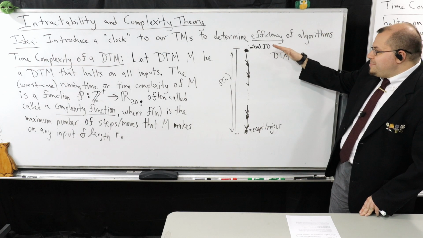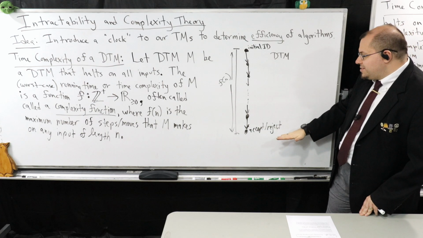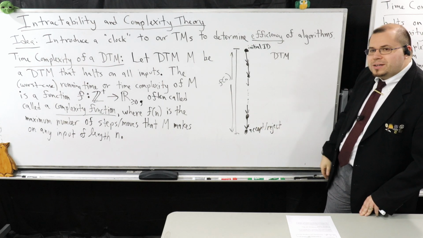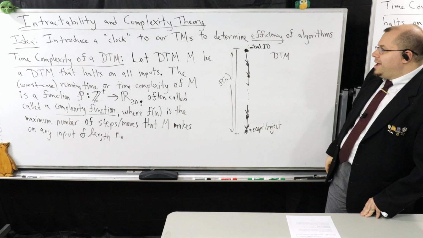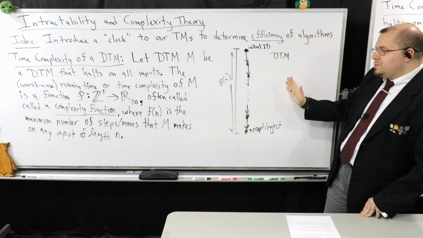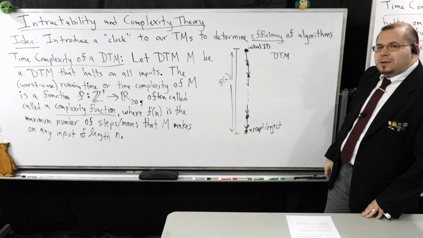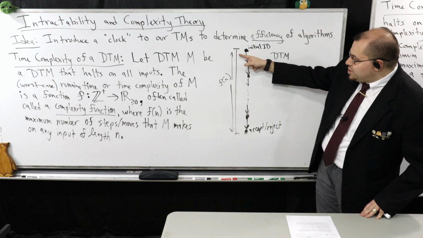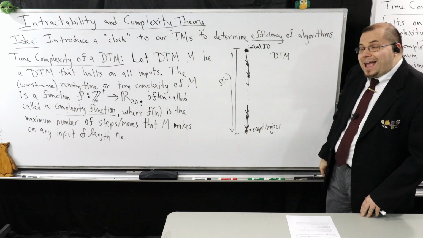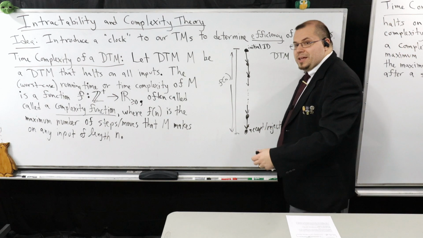So what does that mean? Because it halts on all inputs, there's going to be some point where it's going to accept or reject. And the largest possible number of moves that I can make for any input is captured by f of n, where n is going to represent the length of the input.